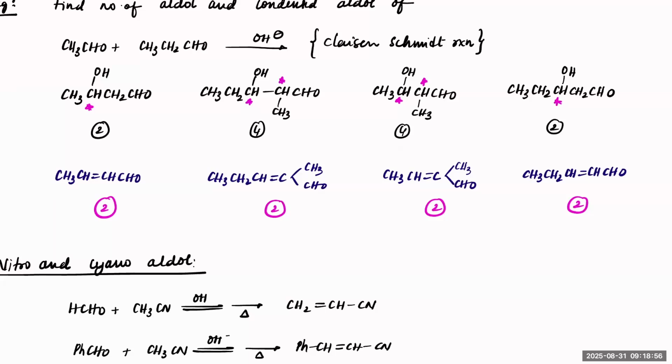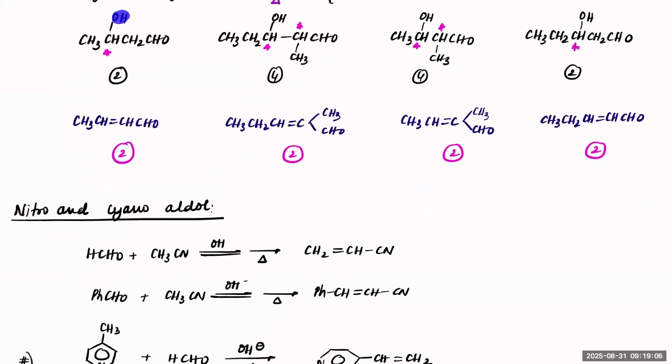Now, obviously, if heating is provided, you will not expect the aldols to stay like that. They will get condensed. As they condense, you remove this OH and this hydrogen and make a double bond. So what do you get? The aldol becomes an alpha beta unsaturated aldehyde.